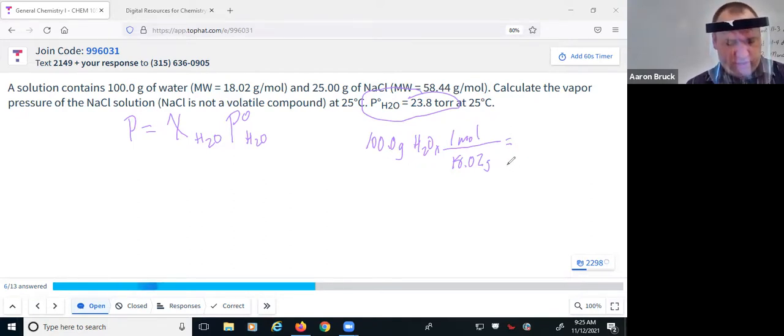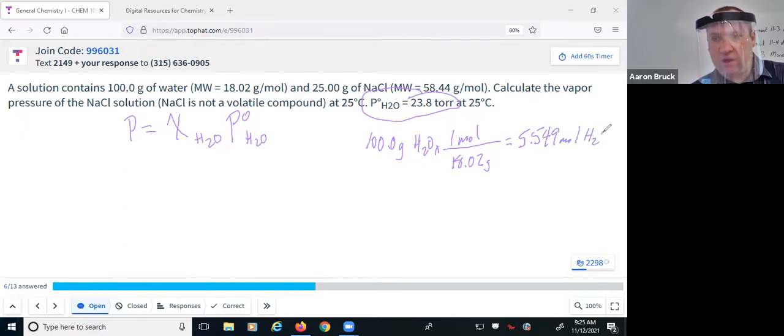So 100 divided by 18.02 is, to 4 sig figs, 5.549 moles of water. For the 25 grams of sodium chloride, we're told the molar mass is 58.44 grams.